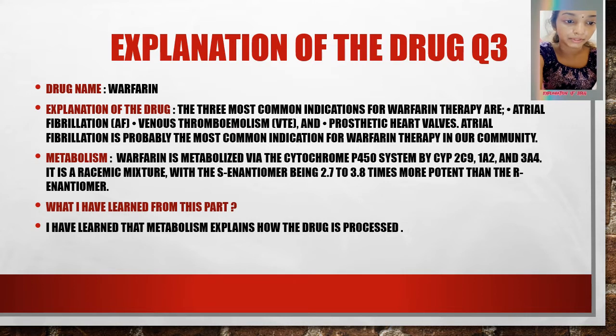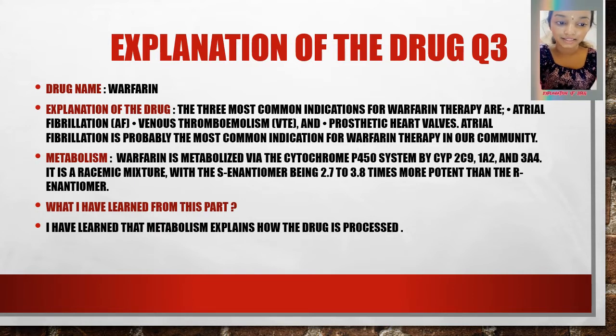Explanation of warfarin: the three most common indications for warfarin therapy are atrial fibrillation, venous thromboembolism, and protecting heart valves. Atrial fibrillation is probably the most common indication for warfarin therapy in our community. Metabolism for warfarin: it is metabolized via the cytochrome P450 system by CYP2C9, 1A2 and 3A4.